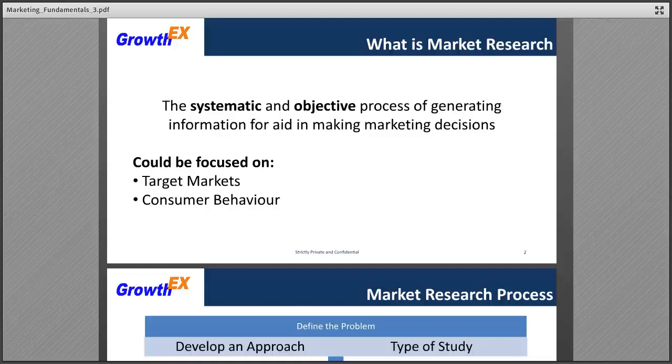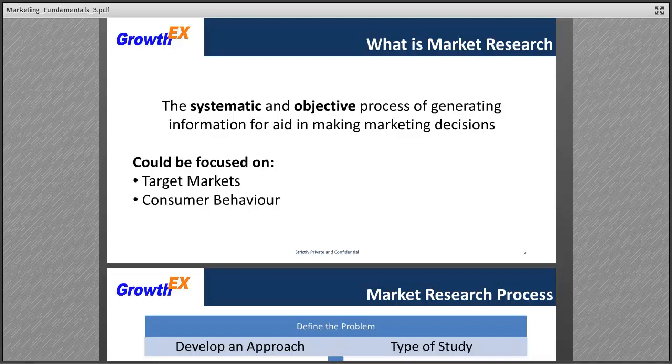Market research basically refers to any well-designed process with the aim of getting a quantitative output which could be used as an input to make marketing decisions.